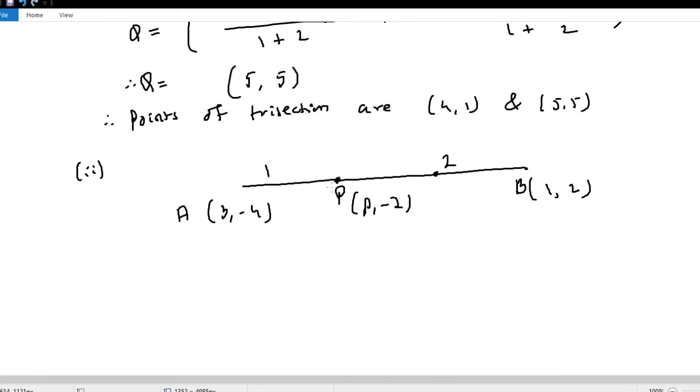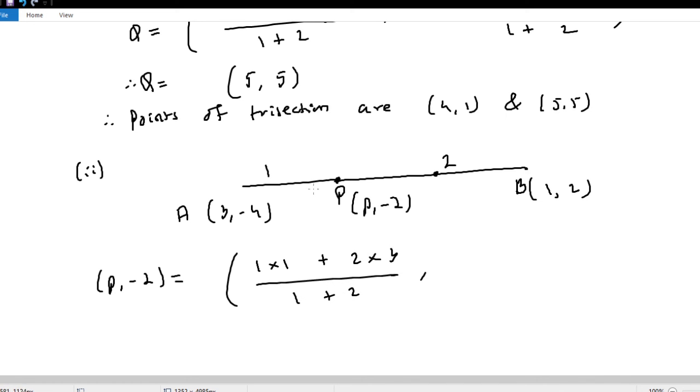Let's solve this one. Say we assume point P is dividing AB in the ratio of 1:2. So (p, -2) becomes equal to (1 times 1 plus 2 times 3) upon (1 plus 2), (1 times 2 plus 2 times -4) upon (1 plus 2).